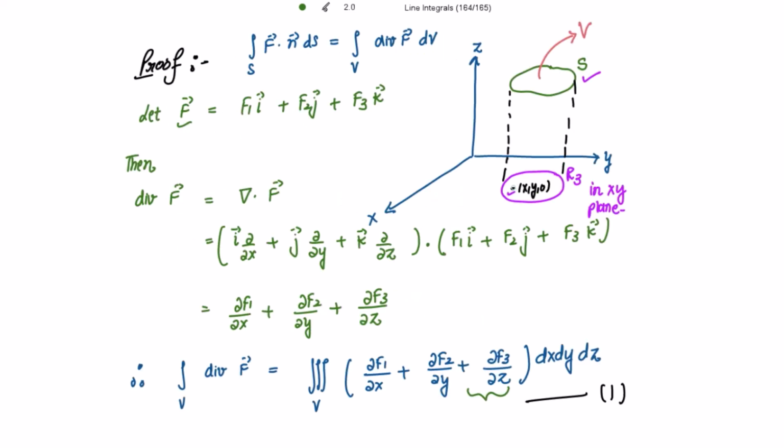So if we draw the line through this point, it meets the boundary of S at 2 points.